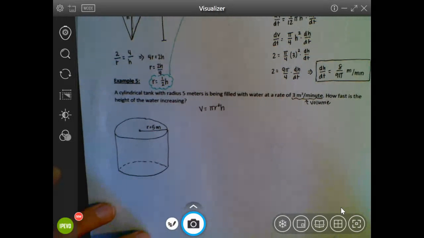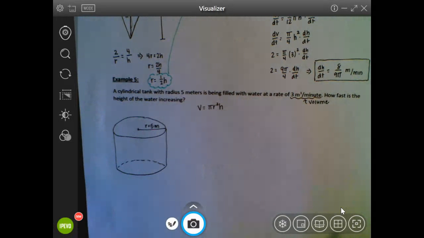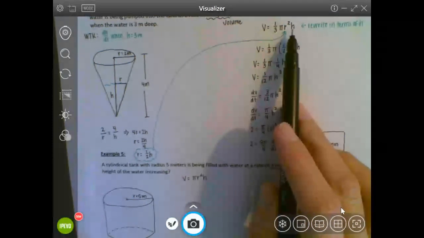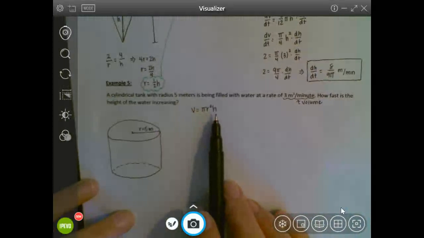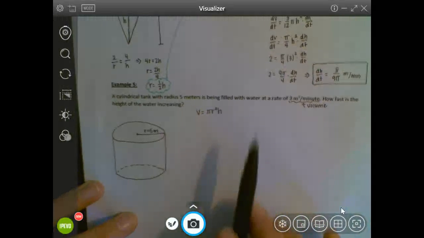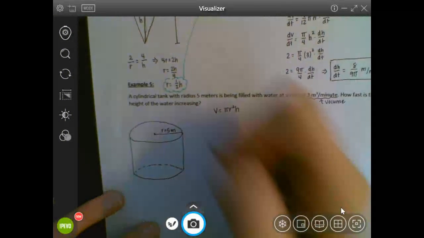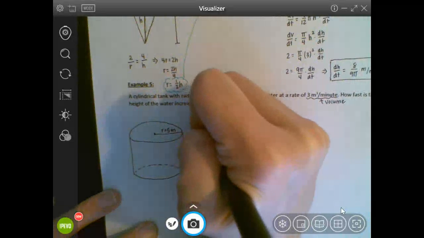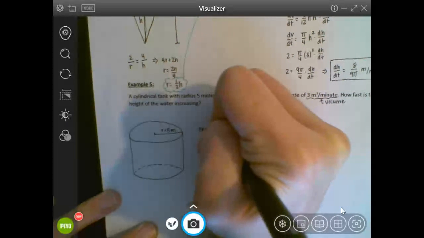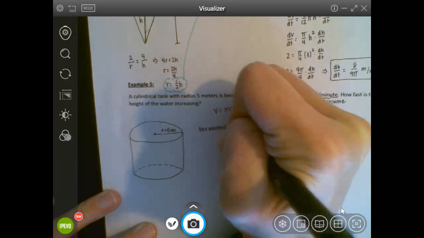So for this one, we've got a couple of approaches that we can take, which is similar to what we talked about up here. We've got a volume formula in terms of two different variables. We could use the product rule here, so let's actually look at that. Let's say one method, use product rule.